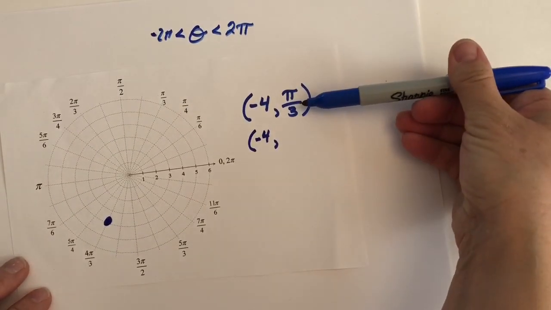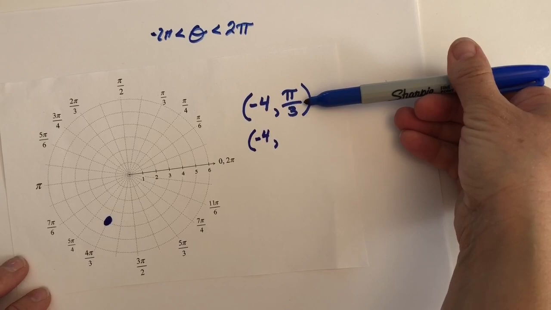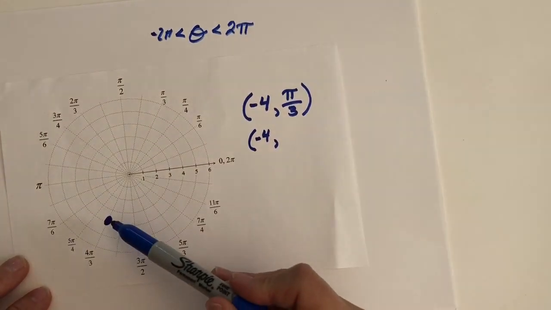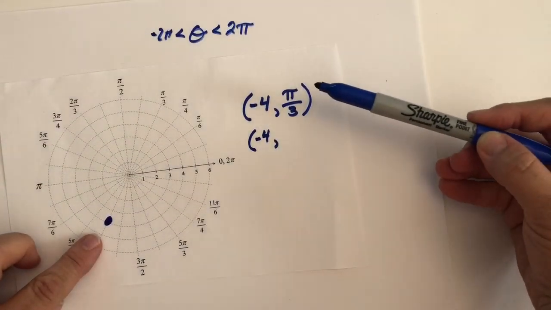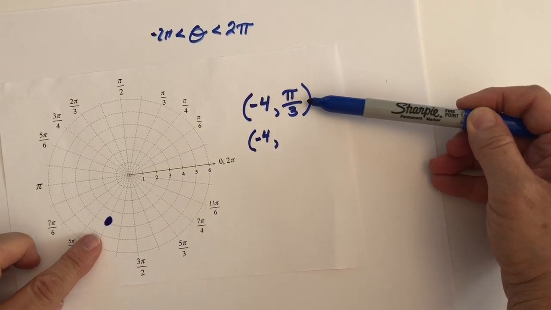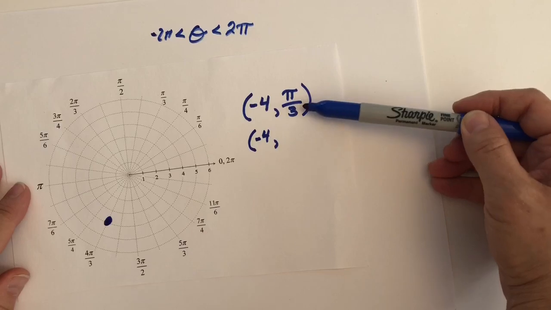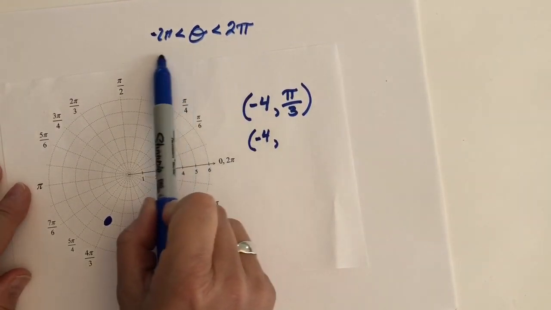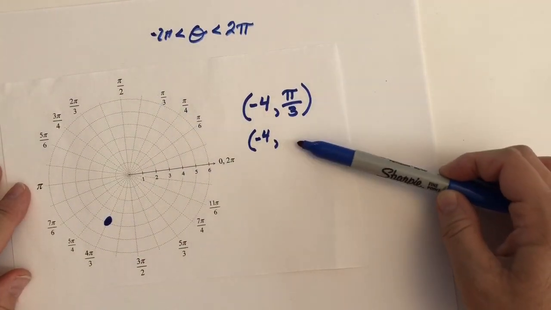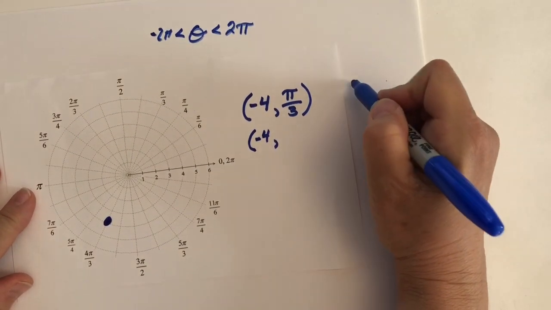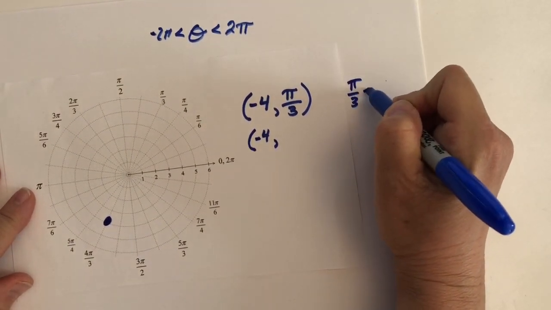And remember, we can come up with any angle that is coterminal with pi over 3, and it would be another representation of this. Again, add 2 pi or 4 pi or 6 pi, or subtract 2 pi or 4 pi or 6 pi. If we add 2 pi, it will be too big. It won't be in this interval, so we'll subtract 2 pi. So I have pi over 3, subtract 2 pi.